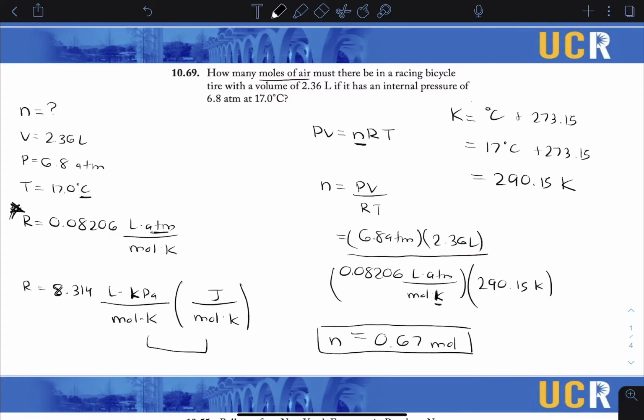Perfect. And for most of these problems, we're actually going to use Kelvin because it's an absolute scale and it doesn't have any negatives, meaning that Kelvin can never have a negative value. The smallest Kelvin value we can possibly have is a temperature equal to 0 Kelvin, and that's absolute 0.